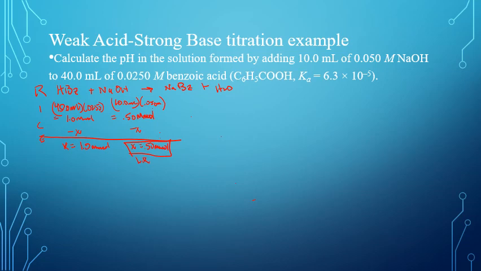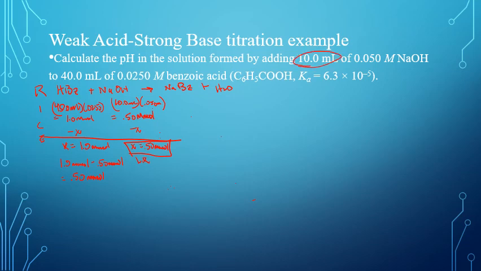So that means that the weak acid concentration that I would have left in the solution, if I set this up and say 1.0 millimoles minus the 0.50 millimoles equaling 0.50 millimoles left over, I now have to take into account my total volume of the solution.